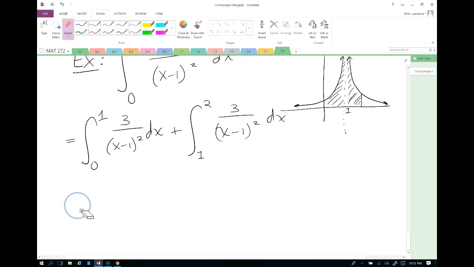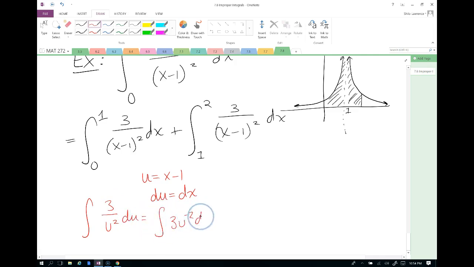And just for some practice, for our antiderivative here, we can just do a u substitution. So if we let u equal x minus 1, du is going to equal 1 dx. And this turns into the integral of 3 over u squared du, or 3u to the negative 2 du. And we can just do the power rule on that.